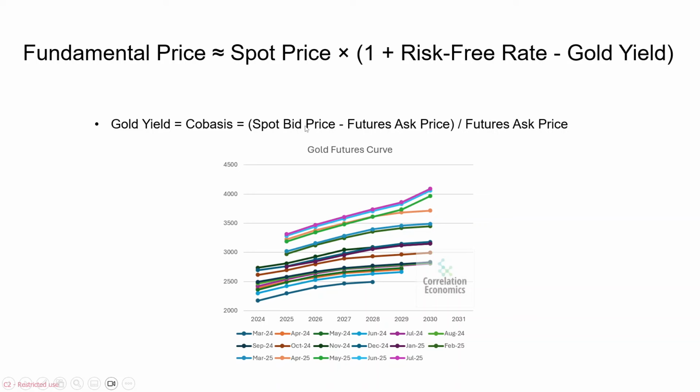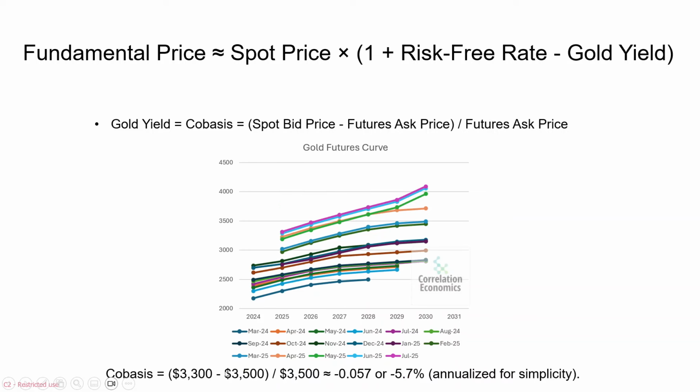So 3,300 minus 3,500 divided by 3,500. This is a negative co-basis, so you cannot make money like this for a de-carry trade. So just calculate this number like this, 3,300 minus 3,500 divided by 3,500, you get minus 5.7%. That's the gold yield number.